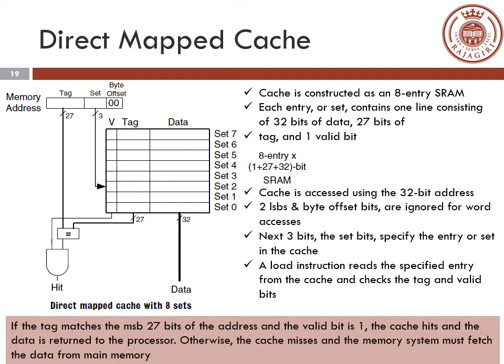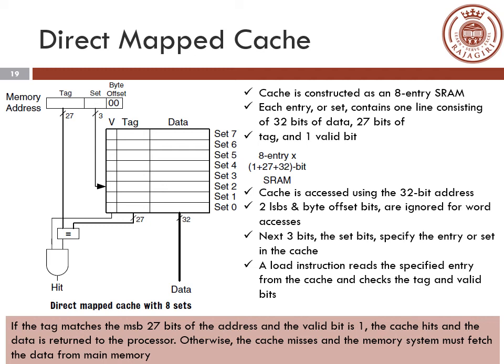If you see the hit circuitry, it is an AND gate, and the first input of the AND gate is coming from the valid value V. Now you selected a set, and that set value points to the corresponding set, and if that valid bit is 0, it means that you are pointing to a set in which you have meaningless data.